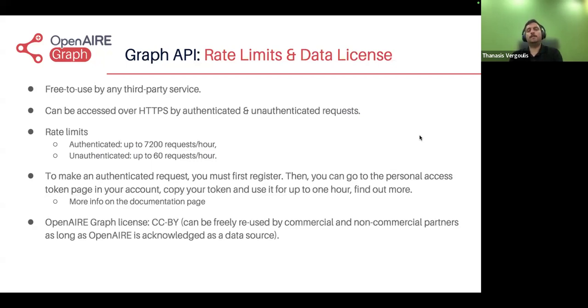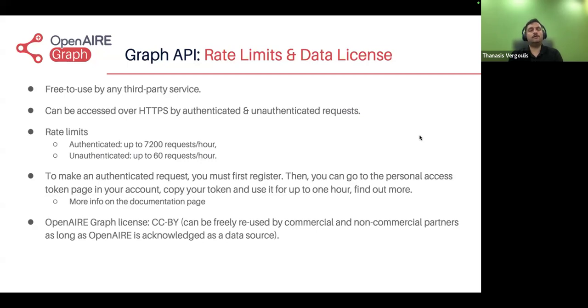But there are different rate limits for authenticated users. If you are connected as an authenticated user, then you can send up to 7,000 requests per hour, while if you are unauthenticated, this limit is 60 requests per hour.